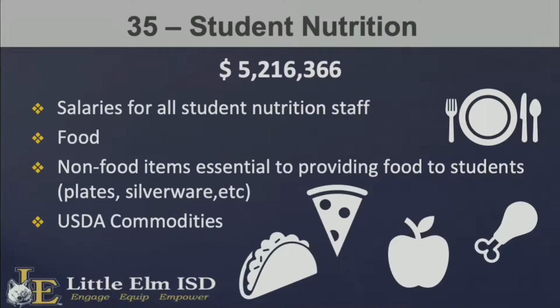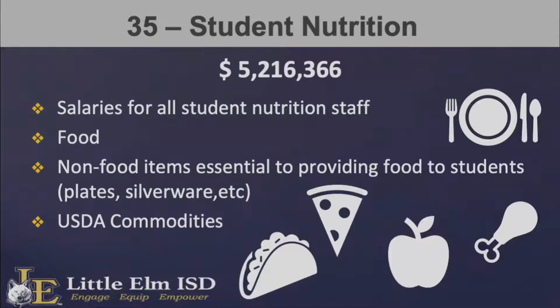Also a balanced budget. And then the final budget that we're asking you to consider is the student nutrition budget. It is about $5.2 million. We adopt this one, as opposed to some of the other federal funds that I mentioned, which we don't adopt because they come with specific strings on how you can spend that money. But as we are participants in the National School Lunch Program, also known as NSLP, the board has to adopt this budget.